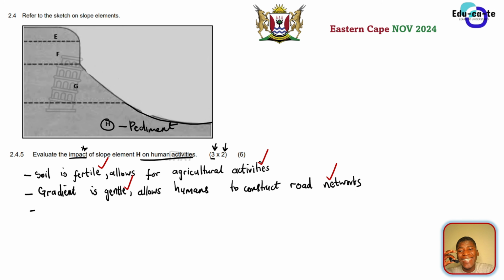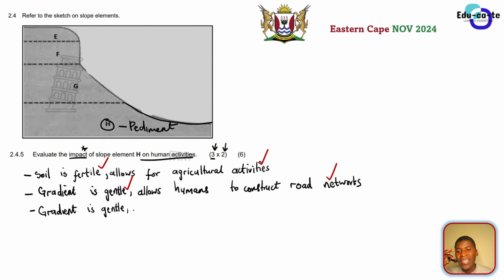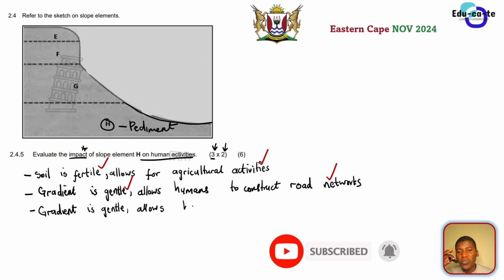We can actually settle there. So the gradient is gentle, that's a cause. What other effect can this have? It allows humans to settle or to build settlements.